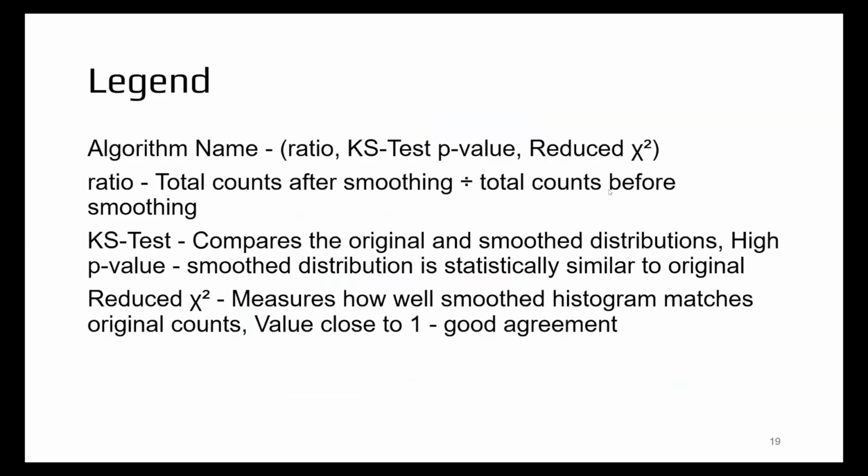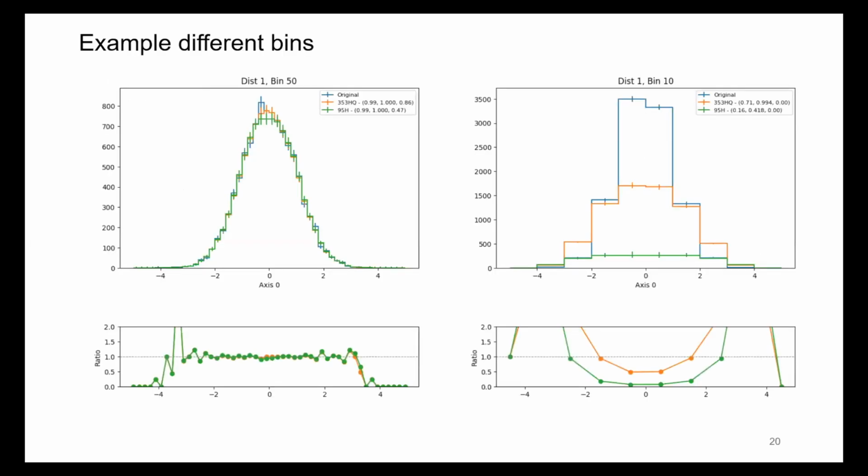So in the legend we have the Kolmogorov-Smirnov test and reduced chi-square value to measure how good our smoothing applies to this data in bin variants. Here is the same but with different bins, as you can see.